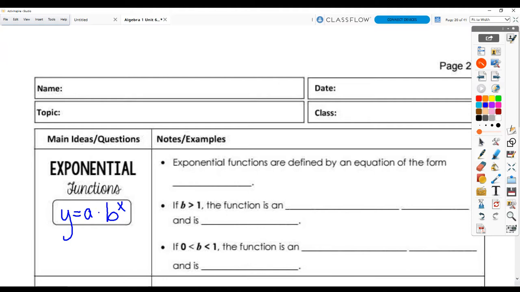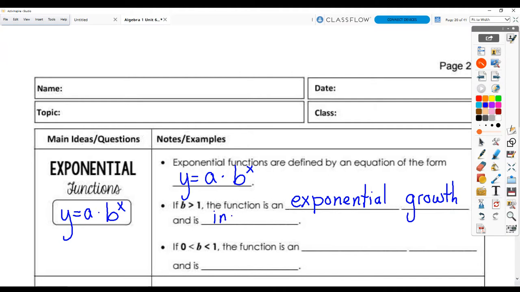So exponential functions are defined by an equation in the form of y equals a number times a base raised to an x power. If the base is greater than 1, then the function is an exponential growth, and is increasing as time goes on.